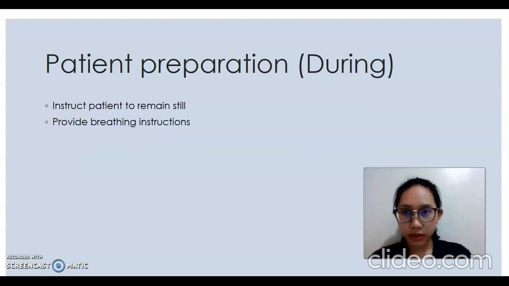So during the procedure, we will instruct the patient to remain still after we position them. Then we will also provide breathing instructions, such as when they have to take a deep breath and when they have to hold their breath and when they have to exhale.